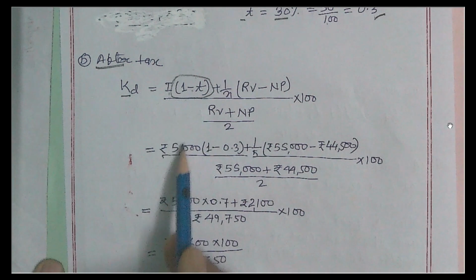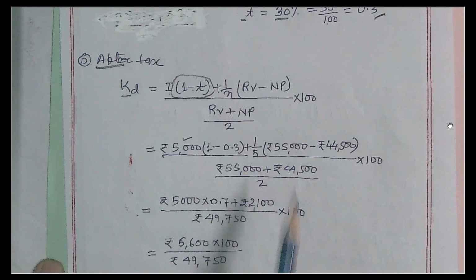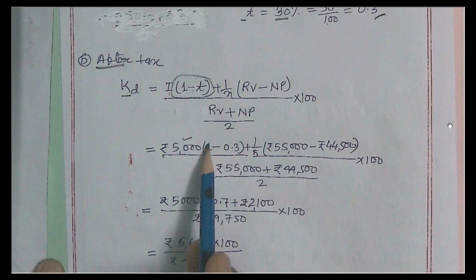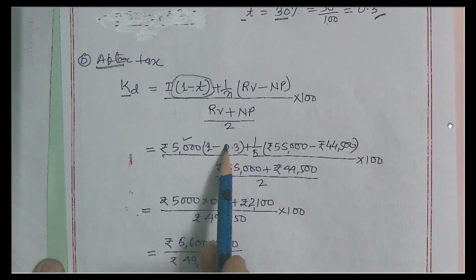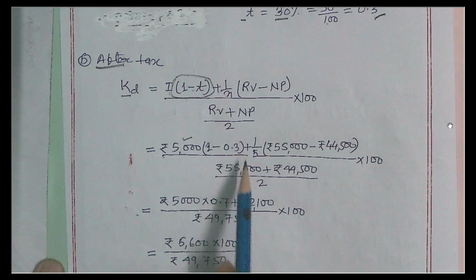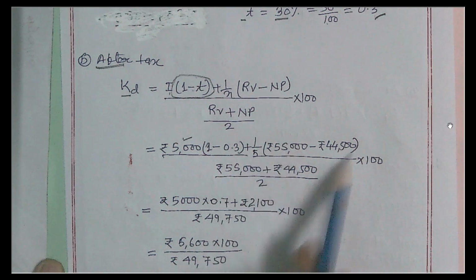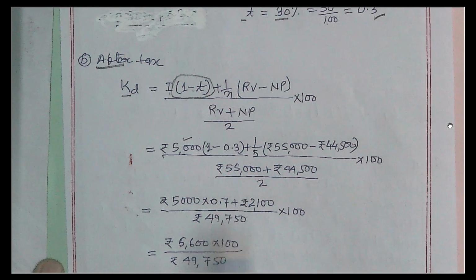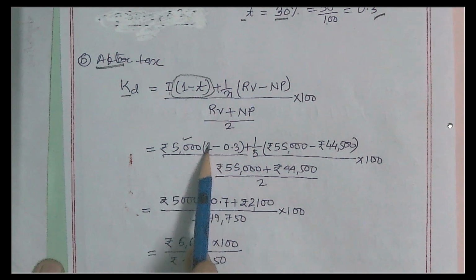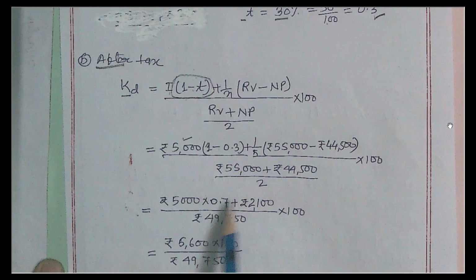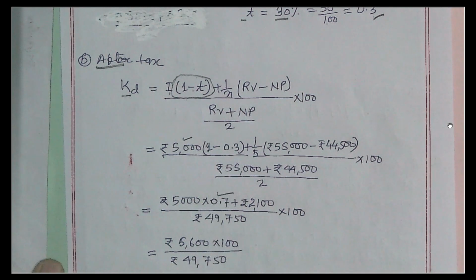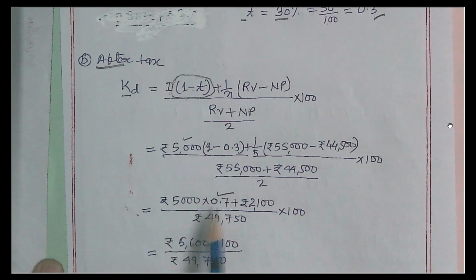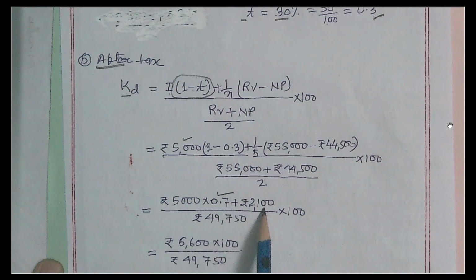So interest is 5,000 as we calculated, and here the tax rate is 1 minus 0.3, which gives 0.7, and the value you will get is 2,100. So 5,000 into 0.7 plus 2,100.